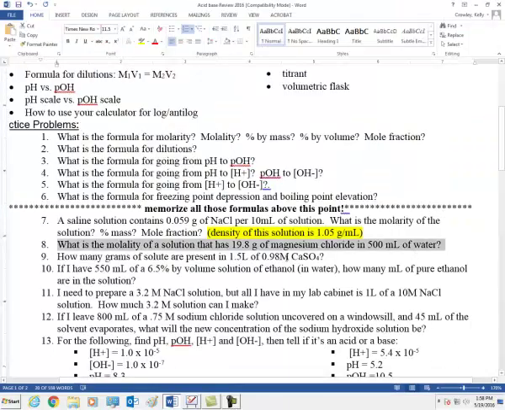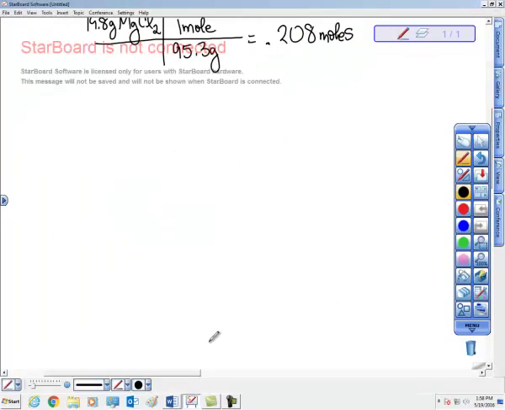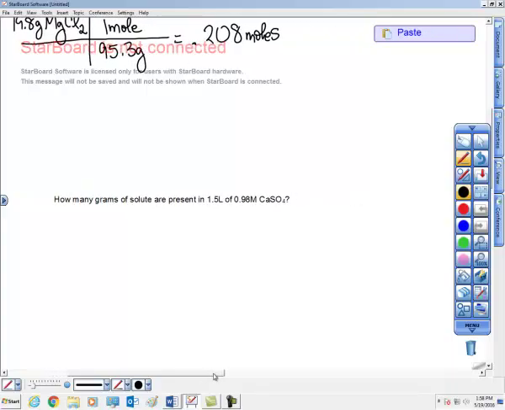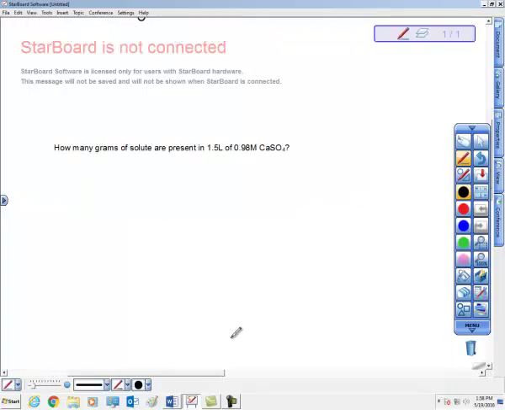Okay, let's move on to problem number 9. How many grams of solute are present in 1.5 liters of a 0.98, that's molarity, CaSO4. All right, so molarity is moles of solute per liter of solution.